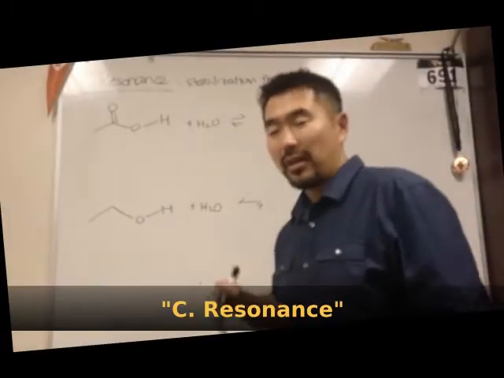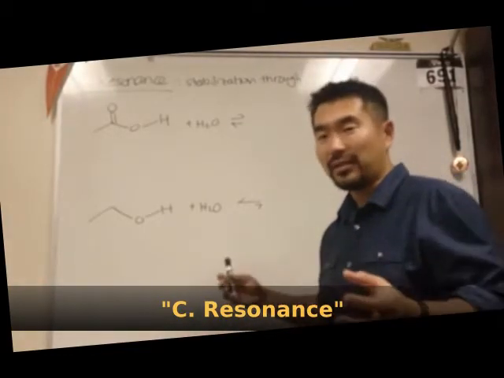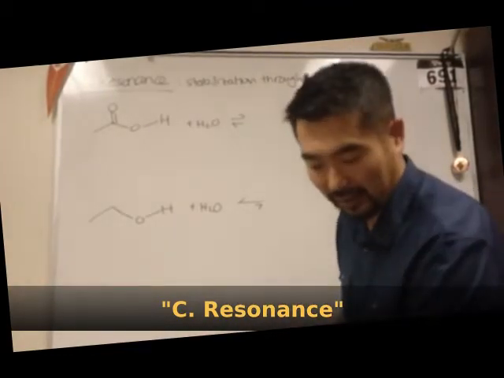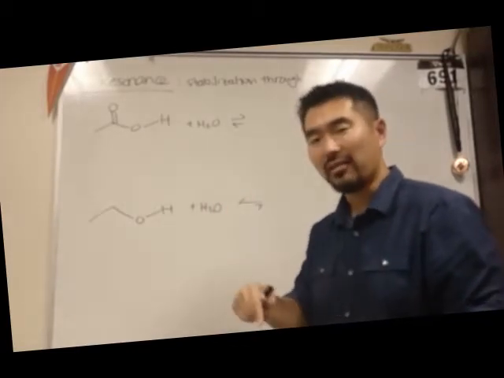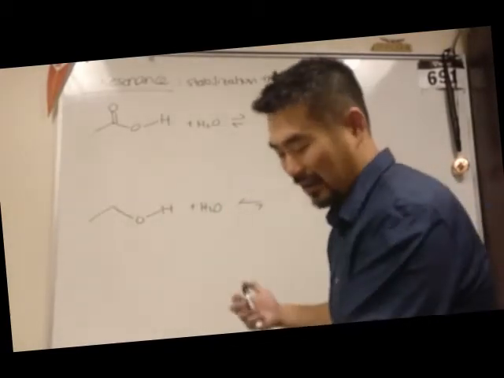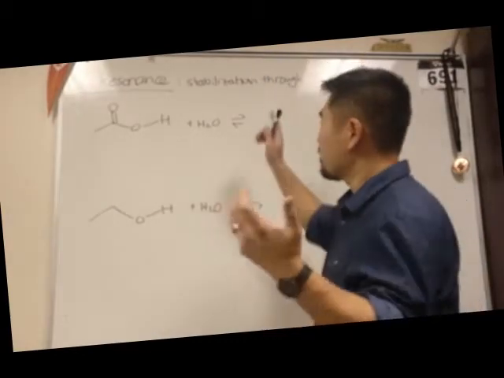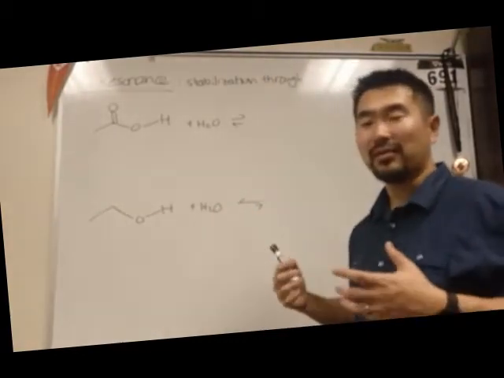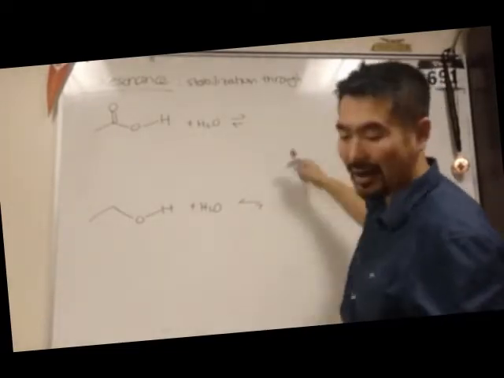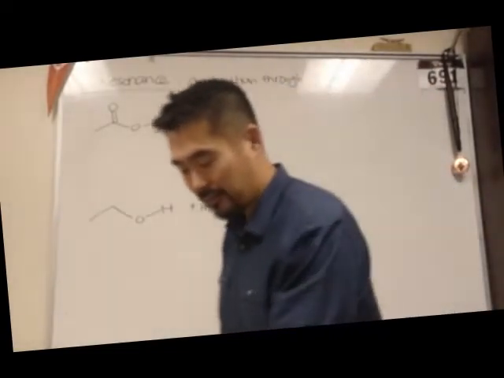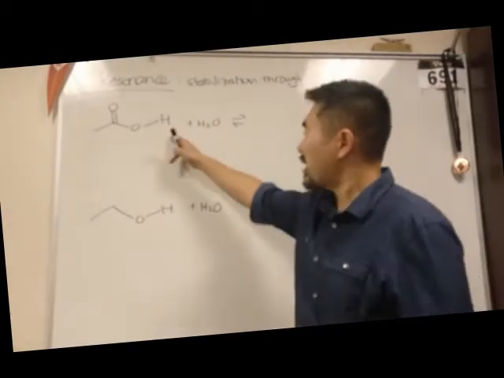So let's think about the impact that resonance has on the relative acid strength. If you get the first two, C and A, charge and atom, resonance gets a lot easier to understand, because here we're only talking about the stabilization of the conjugate base through the pi bonds. So here's a good pair to compare.